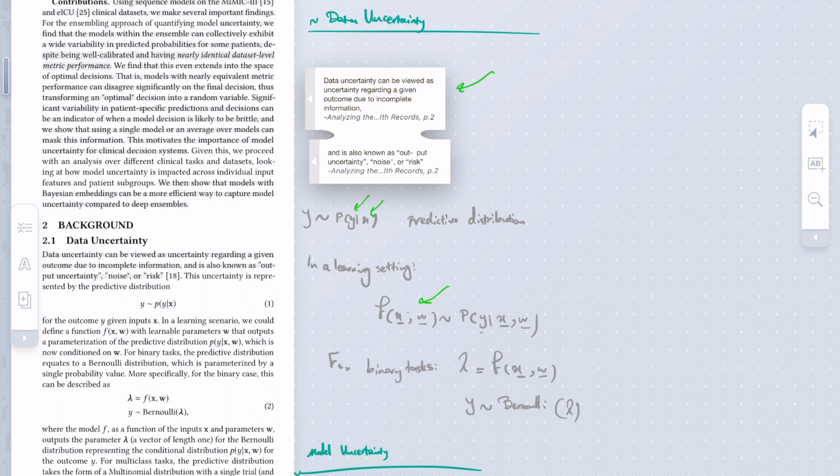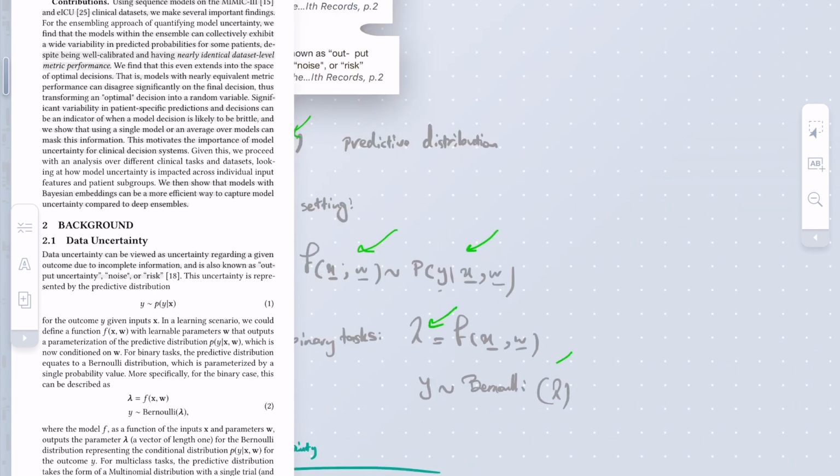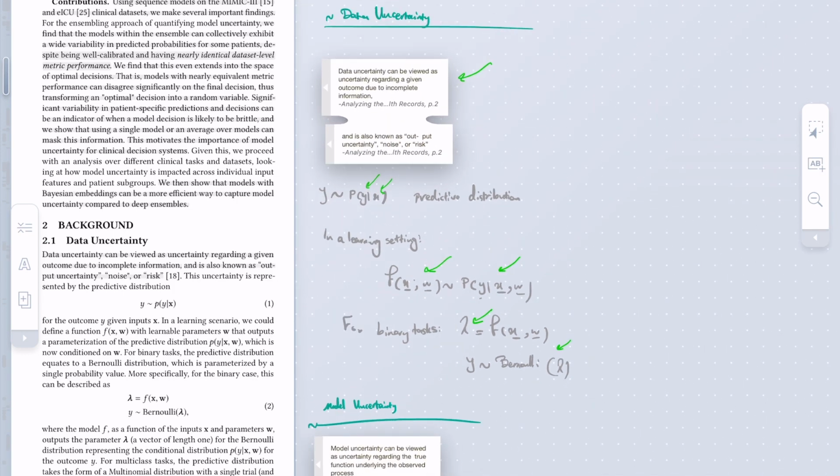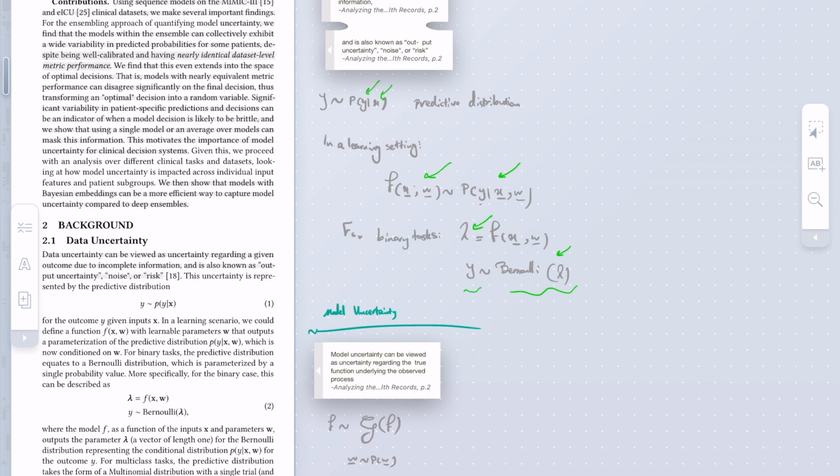W would be the learnable parameters, and f basically outputs the parameterization of the predictive distribution, namely the probability of outcome given the inputs and the weights. For binary tasks, we can consider the Bernoulli distribution, and use this output to find out the distribution that the outcome is drawn from.